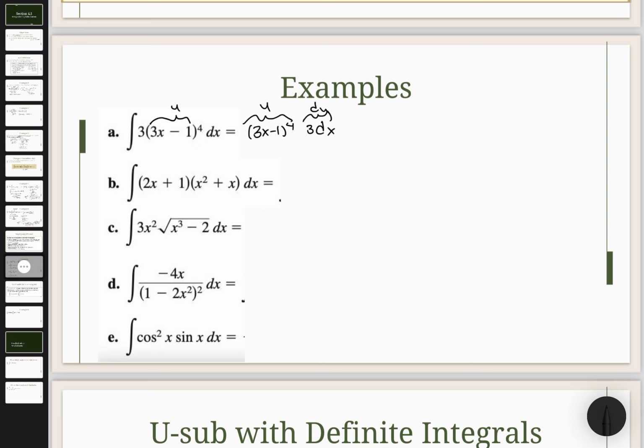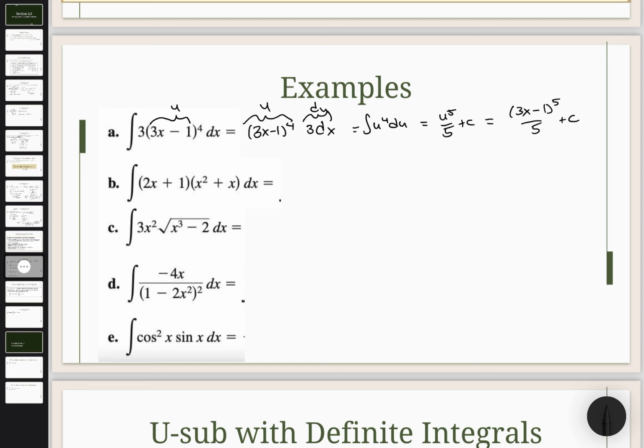If I were to find the derivative of 3x minus 1, it would just be 3. So really what we're left with here is I have u to the 4th du. When you integrate that, you would get u to the 5th over 5 plus c. Your step here is to replace, so 3x minus 1 to the 5th over 5 plus c. There you go, boom, okay?